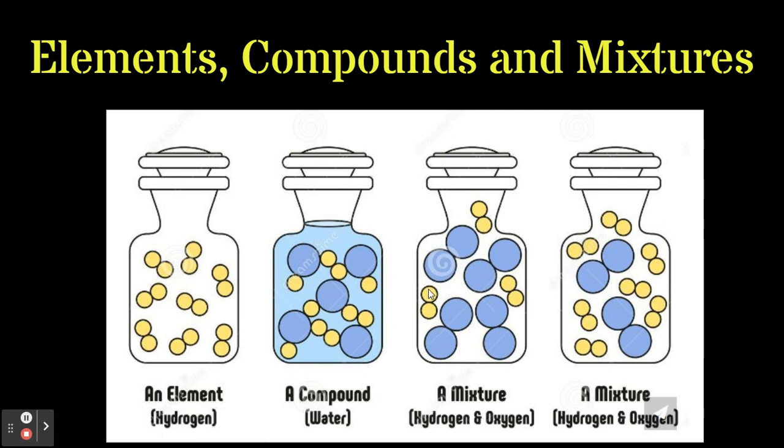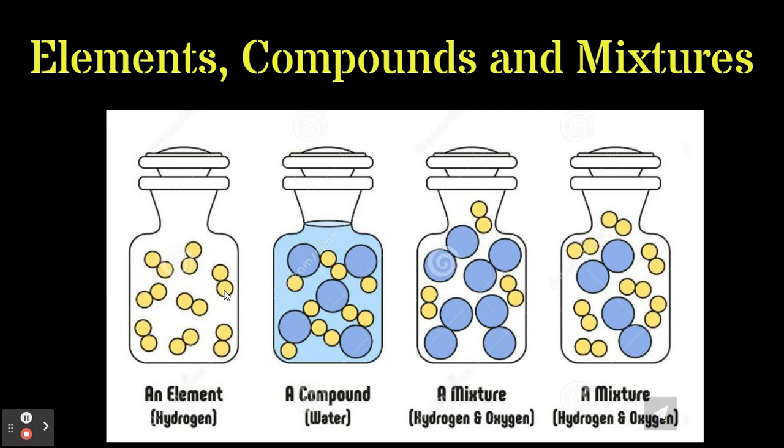All right, so let's take a look at this diagram. Think back to the video we saw where they were describing the differences between elements and compounds. Elements, they said, were one or more of the same atoms. So if you notice, they said hydrogen requires two atoms to be one molecule of hydrogen. So they're in pairs. Notice the same size, same shape.